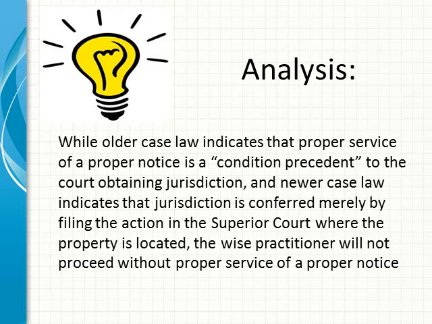Now, under the newer case law, it's no longer referred to as jurisdiction, but the court could not have proceeded forward even under the new rules based on that proposition.